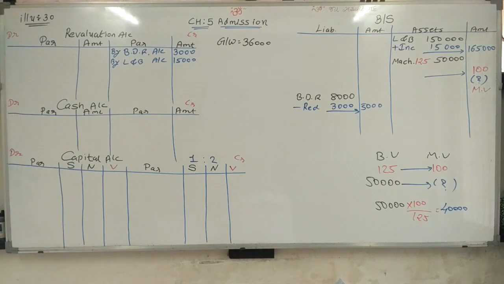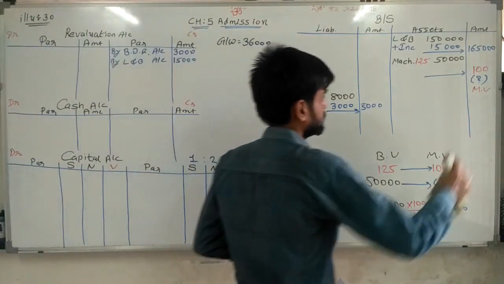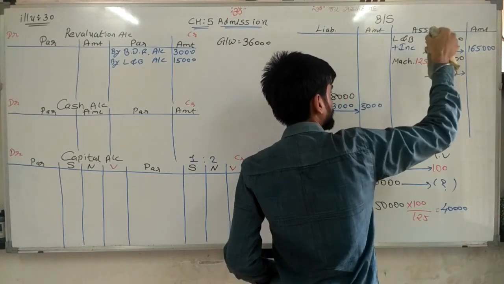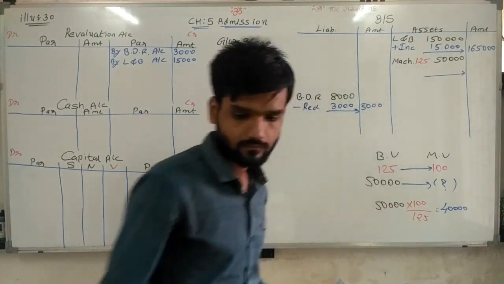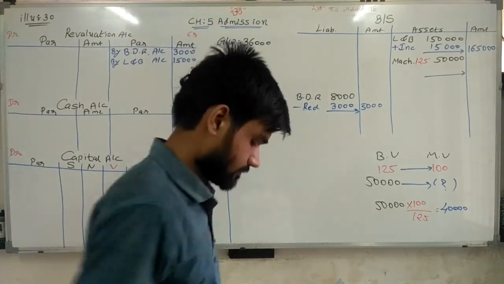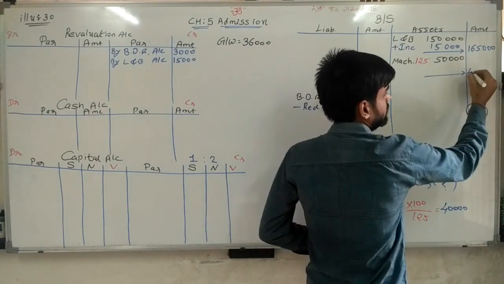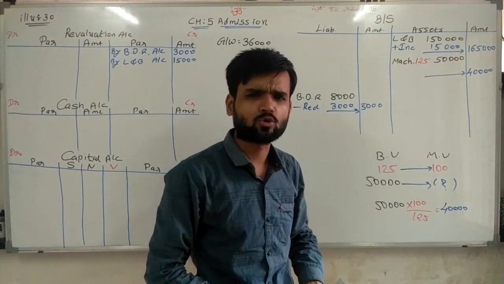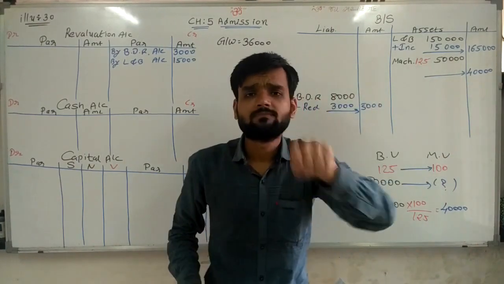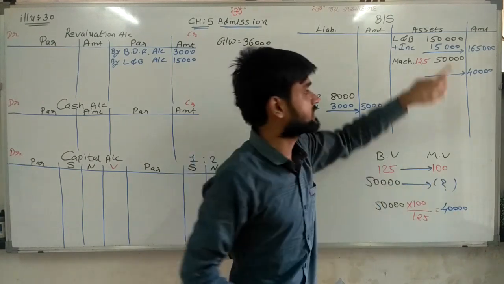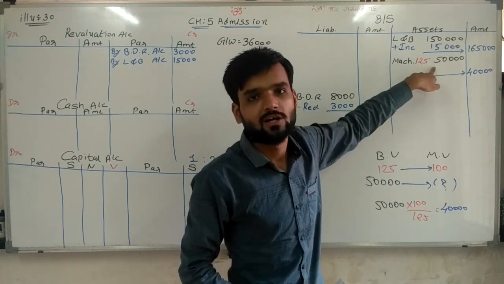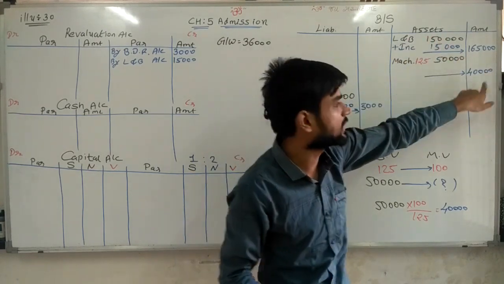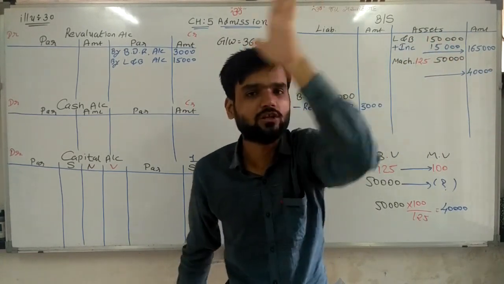So I am clearing the board and writing in the outer column 40,000. Now you can compare also. 40,000 plus 25% becomes 50,000, so compared to 40,000, this is 25% more. So 40,000 plus 25%, you will get 50,000.